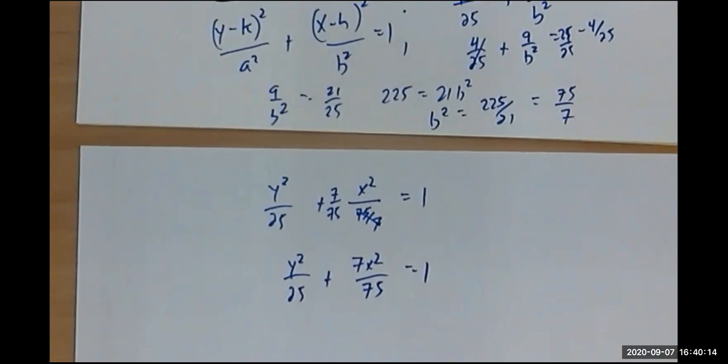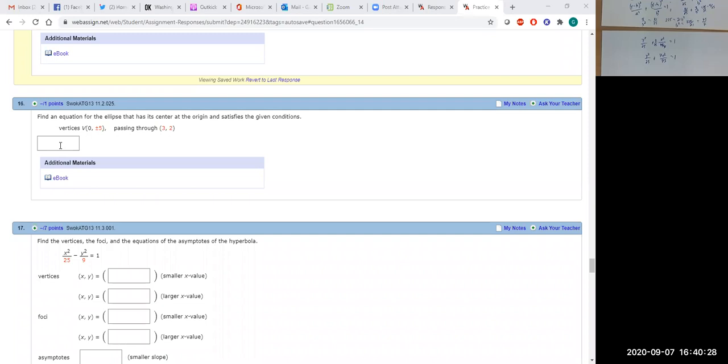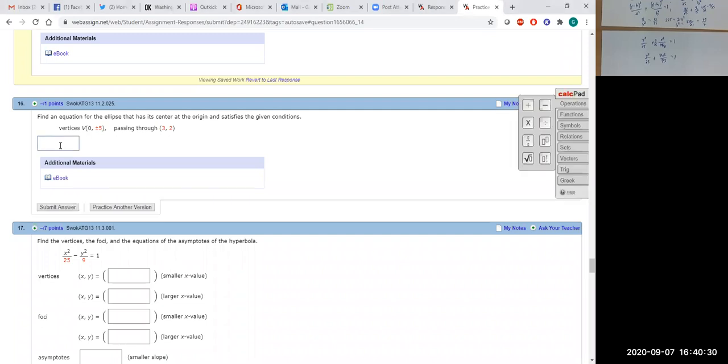Just for fun, I might enter this as a complex fraction. I'll just see if it likes that answer. It's not really a wrong answer, but it's just not the way math people like you to give the answer. So let's say y squared over 25.